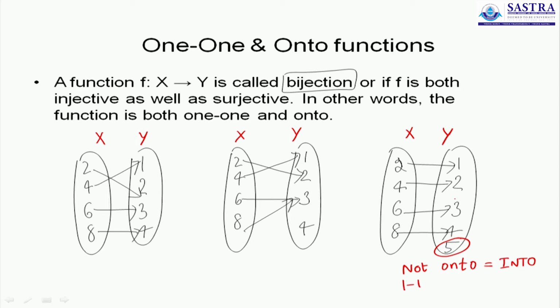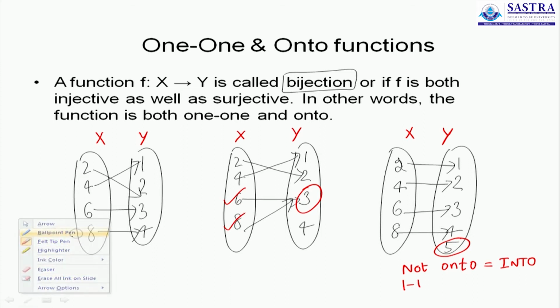But let us go to the next example, where 2 goes to 2, 4 goes to 1, 6 and 8 both go to 3. You will see that the element 3 is the image for two different elements 6 and 8, and therefore the images of the elements 6 and 8 are not unique, they are the same. Hence, this is not one-to-one.